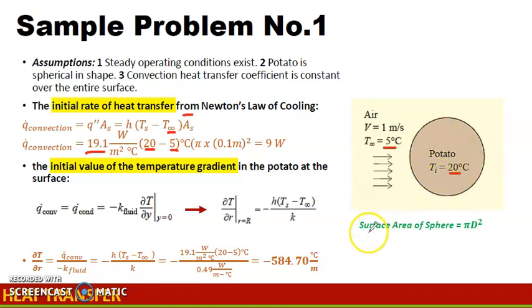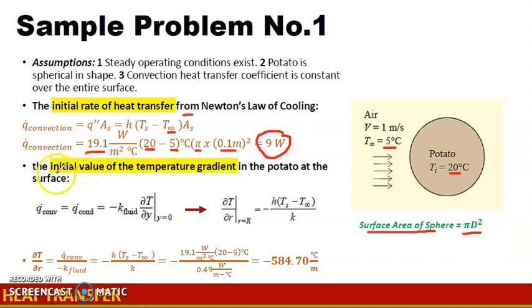The surface area of a sphere is pi d squared. That's why we have pi times the diameter of the potato, which is 0.1 meter, squared. That's why we have 9 watts here. Take note that some books will use surface area in terms of radius, but in terms of diameter, it's pi d squared.